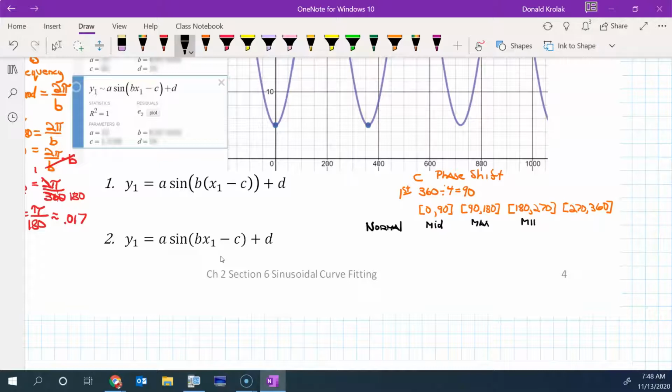Sine goes mid, max, mid, min, mid, and then this next section would be a max, even though we don't have an interval for that.